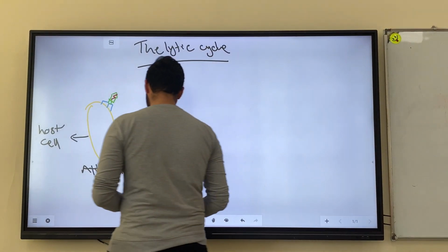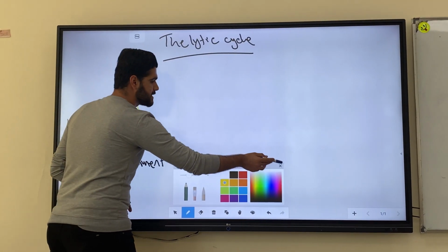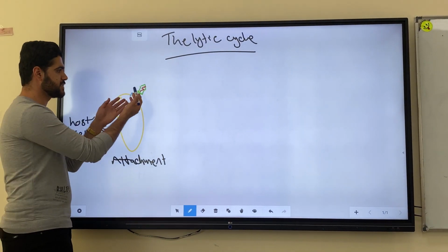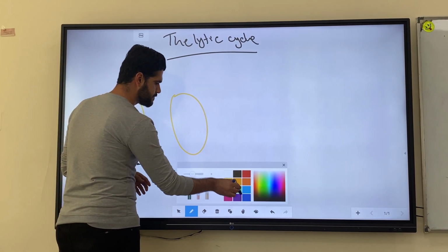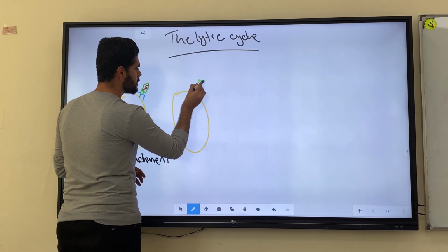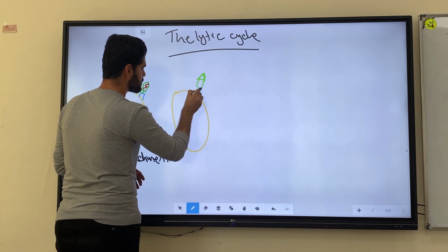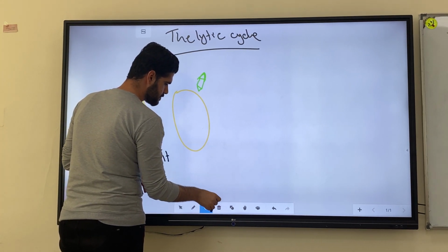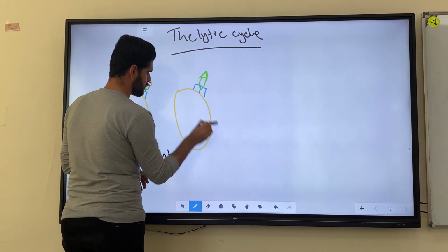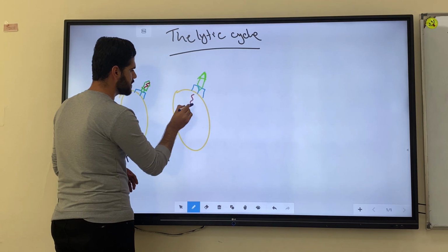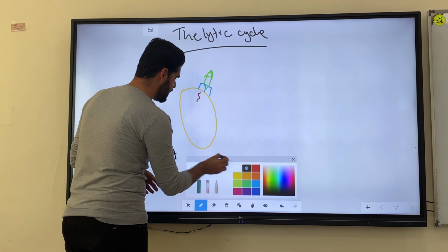The second step that we have is called entry, or let's say injection, where the virus injects its genetic material inside the host. The virus injects its genetic material into the cell, and it's called entry.